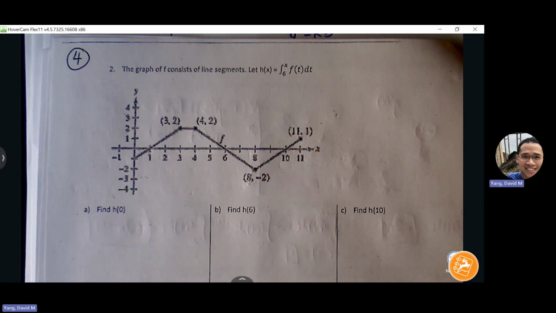Okay, h of x is the integral from 6 to x of f of t. I'm just going to go ahead and build out my derivatives, have everything in front of me.